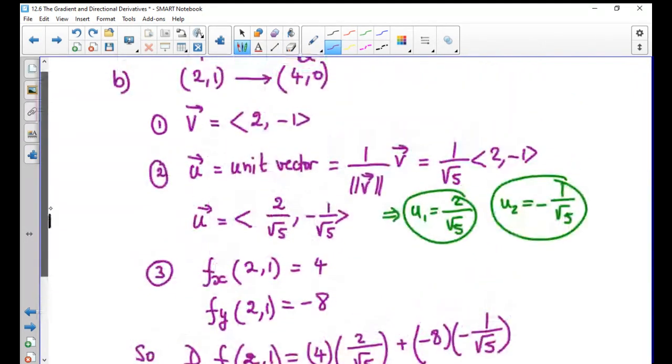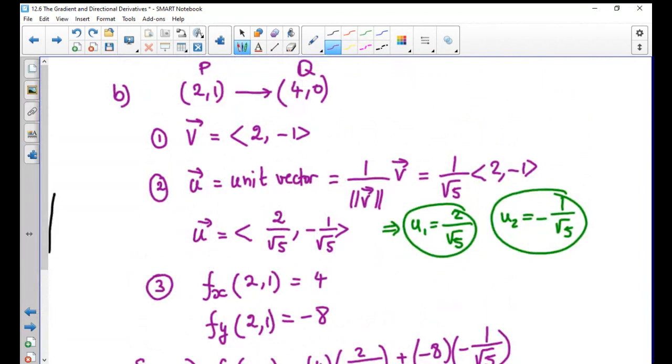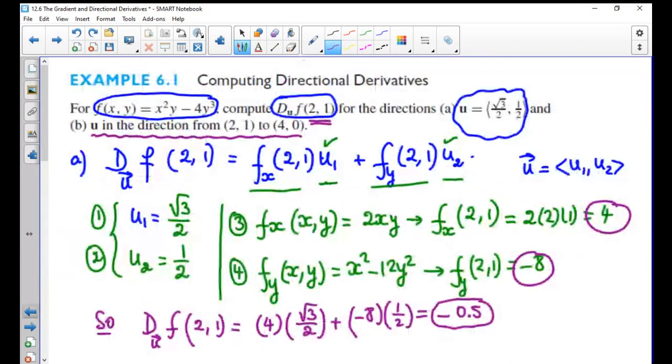I think it's the same point, yes? Yeah, good question there, Salha. The question is, find the derivative of f at the point 2, 1 for both a and b. So there is no problem. We will need fx at 2, 1, and also fy at 2, 1.